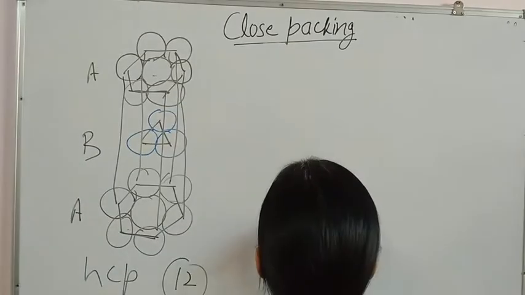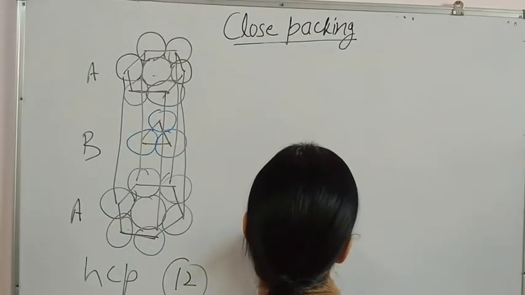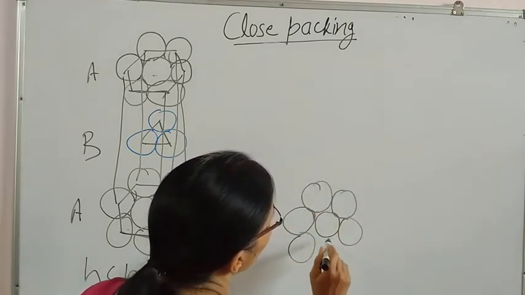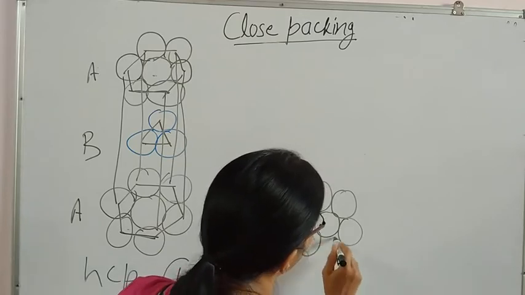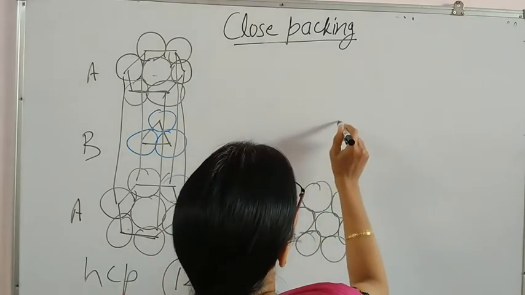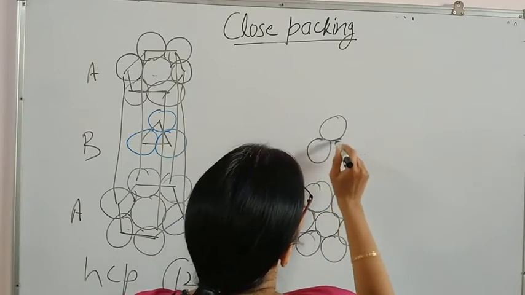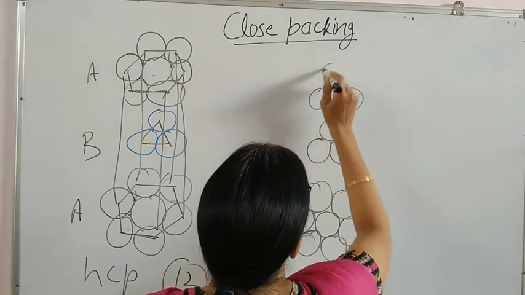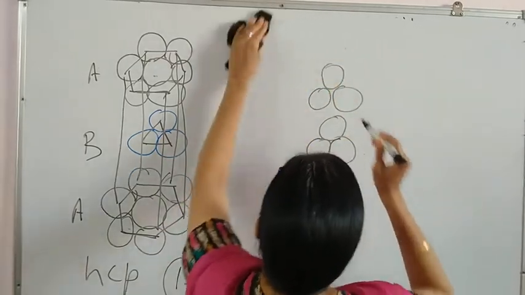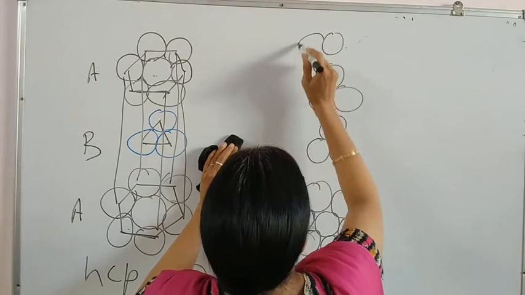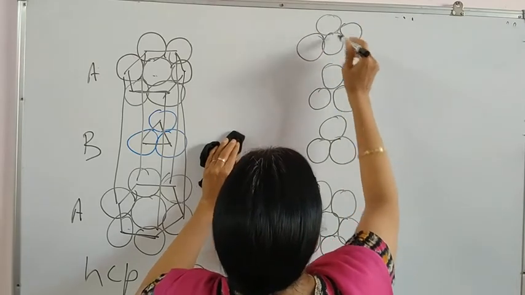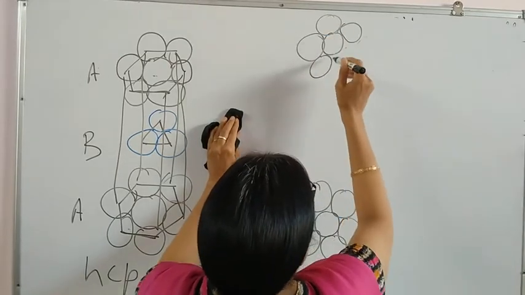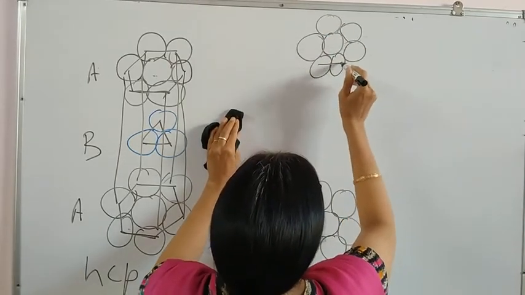Next arrangement. 1, 2, 3, 4, 5 and 6. Then 1, 2, 3. Then 1, 2, 3. One more arrangement I have to draw, but space is not sufficient for me. 1, 2, 3, 4, 5, 6.